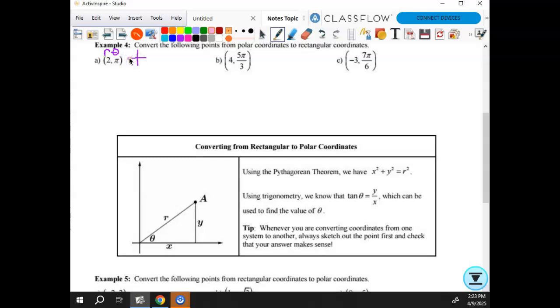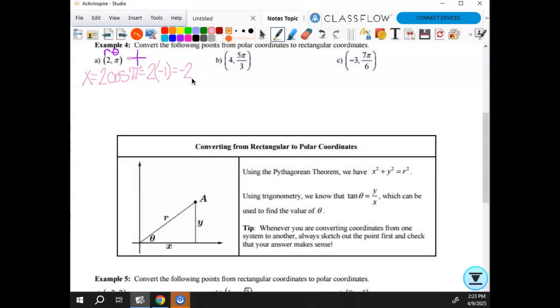Okay. Then we're going to find it, and I'll tell you why that's important to us. So I'm going to find x. X is equal to the radius, which is 2, times the cosine of theta, which is pi. So I have 2 times, what's the cosine of pi? -1. Very good. So that gives me -2.